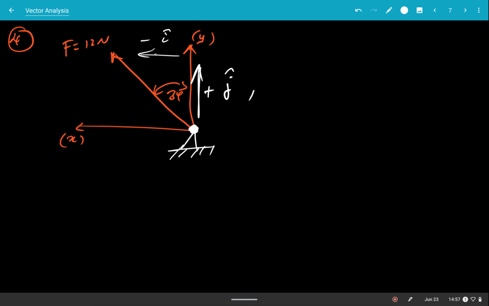So this implies that the force vector F is equal to, remember the format, magnitude, then trig ratio, which could be sine or cos, then theta, and then the component it's in, which could be the I or the j. So you get the magnitude, which is 12, positive that is.